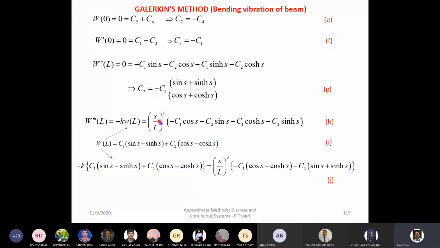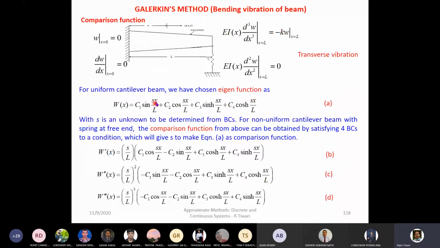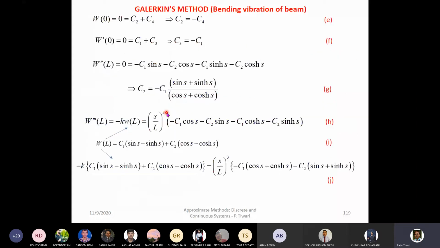And we have put x equal to L, so the corresponding terms become like this. Now we are able to rearrange this. Also, what is WL? We already have the expression for W. If you put L here, we get the WL. So this is the WL expression, and this also we can substitute here on the left side of this.